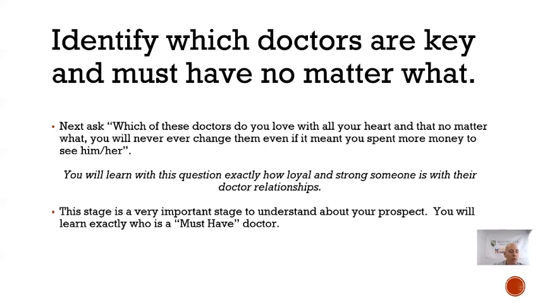Just because somebody says to you on the front end, I want to keep all my doctors, it doesn't necessarily mean that it's a deal breaker if their 7 doctors don't fit into a single plan, because it's very difficult to find that. Okay, so I take what they say in the beginning very seriously, that they want to keep all their doctors, but then I want to ask some more questions to understand what all their doctors means to them.